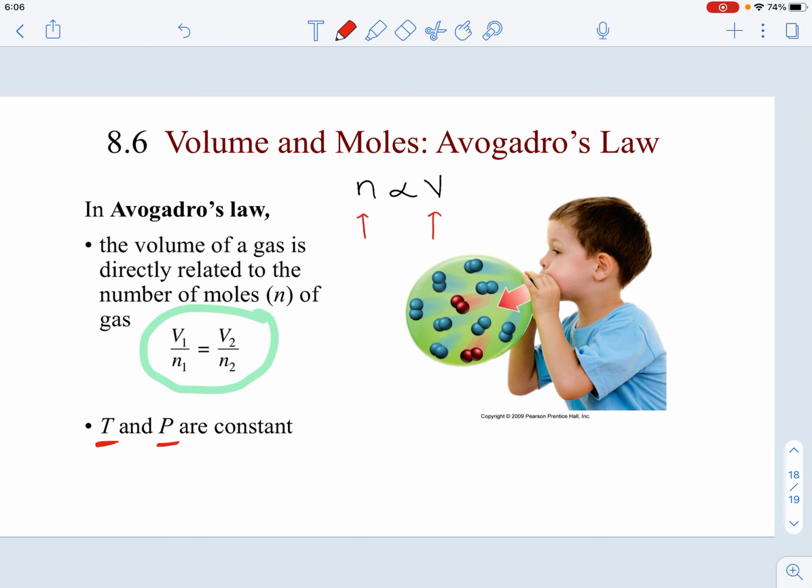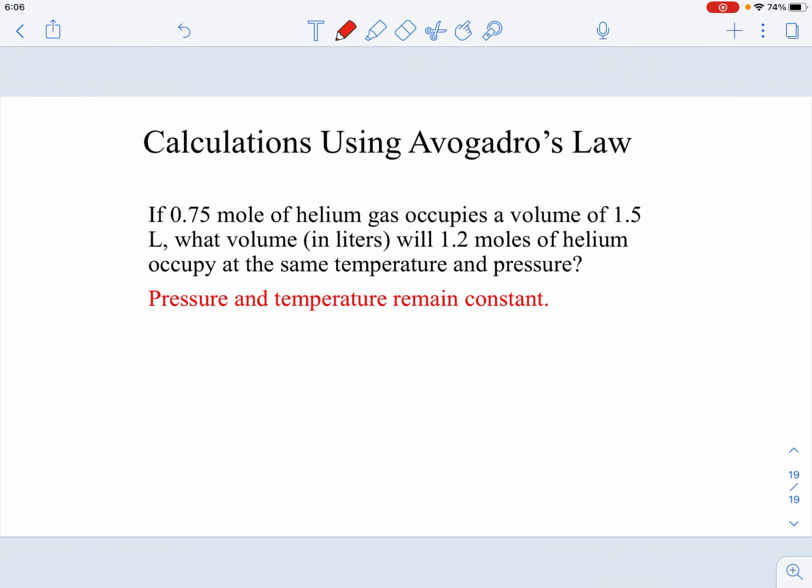Let's do a problem on Avogadro's Law. So as you can see, here the problem states, if 0.75 moles of helium occupy a volume of 1.5 liters, what is the volume in liters if we now have 1.2 moles of helium at the same temperature and pressure?